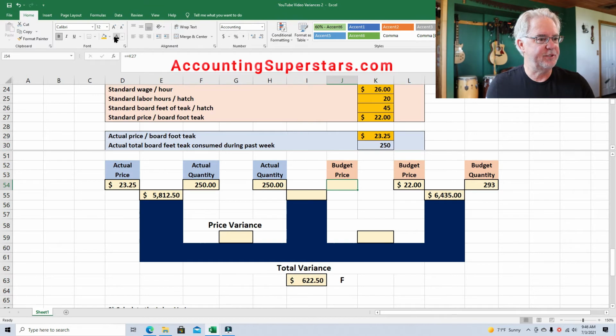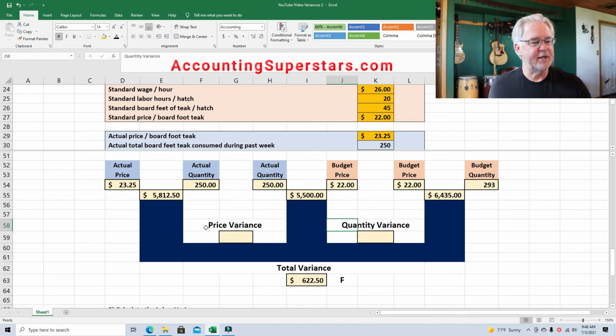So 250 times 22 is 5,500. You might be saying, what's 5,500? It's the actual quantity of wood that was used times the budget price. But we're going to use it to figure out the price variance and the quantity variance.